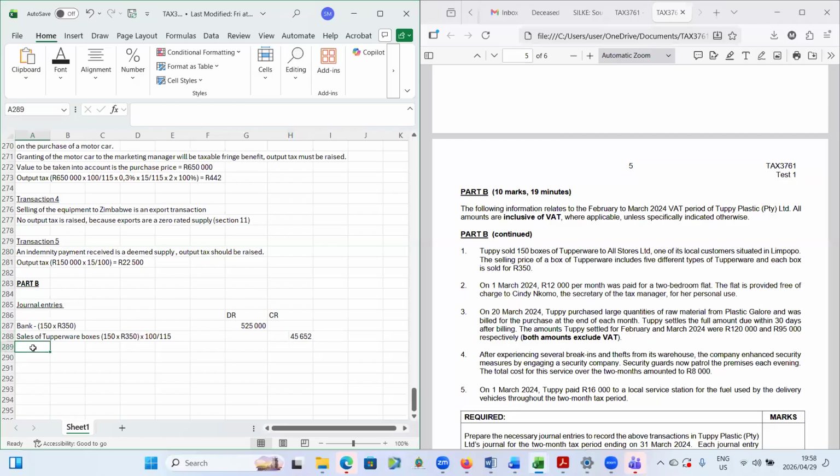Then output tax, the VAT control account, which is output tax or output VAT. This one is 52,500, so we simply say 52,500 multiplied by 15 over 115.